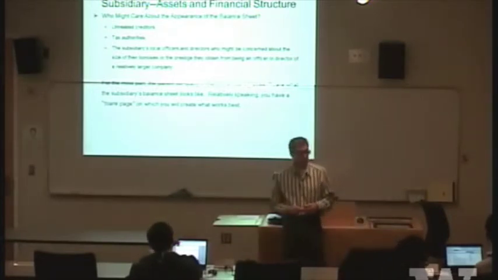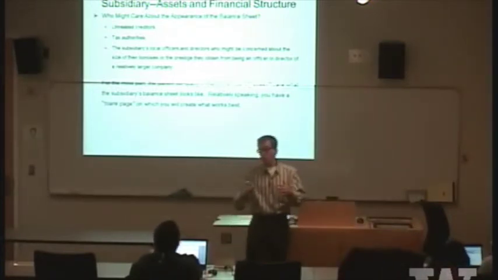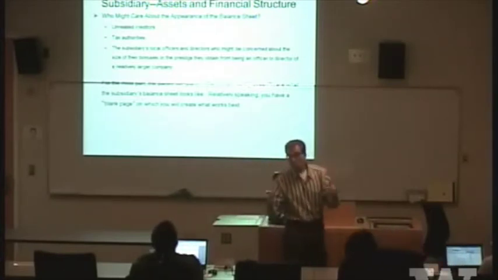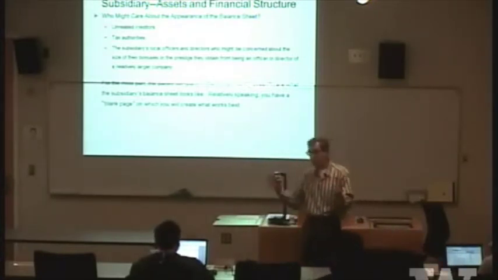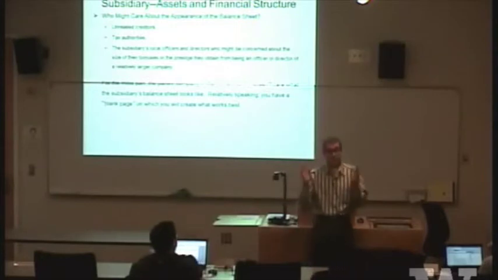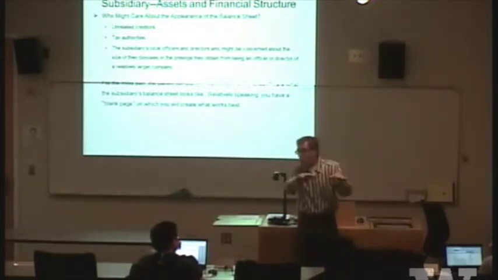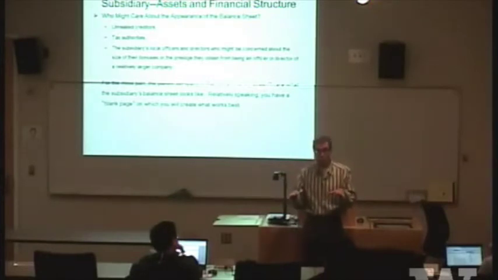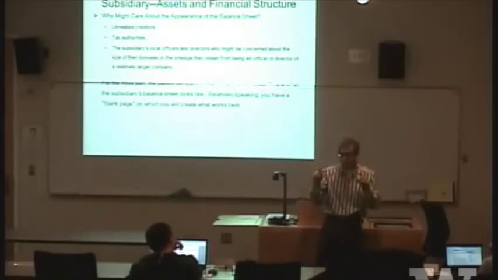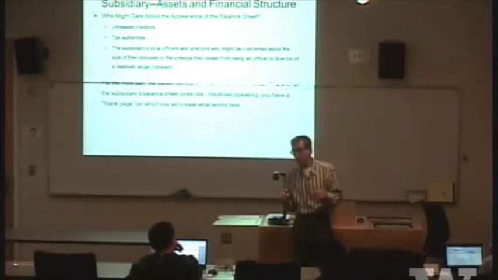Local tax authorities. Remember, one of our principal topics, again, this term that I like to use is not a term which anybody else outside of this classroom uses, but I can't think of a better term, and that's the sanctity of the legal entity.